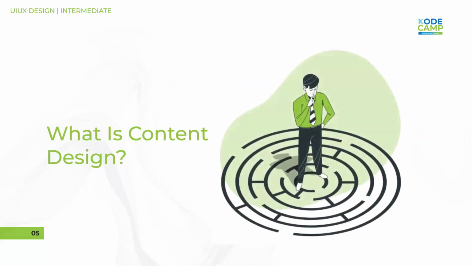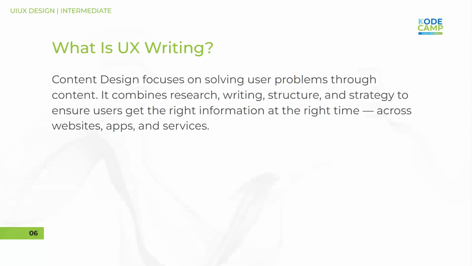So we now have what is content design, which focuses on solving user problems through content, which combines research, writing, structure, and strategy to ensure users get the right information at the right time across websites, applications, and services. All right.